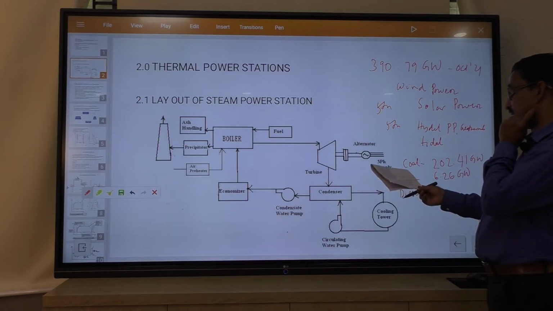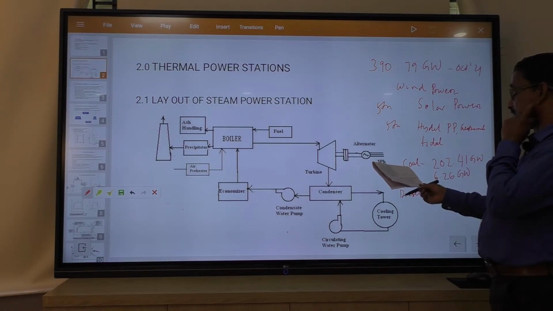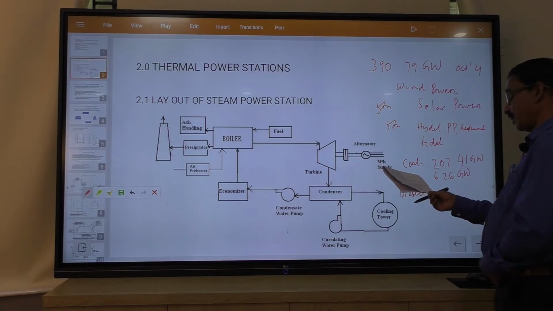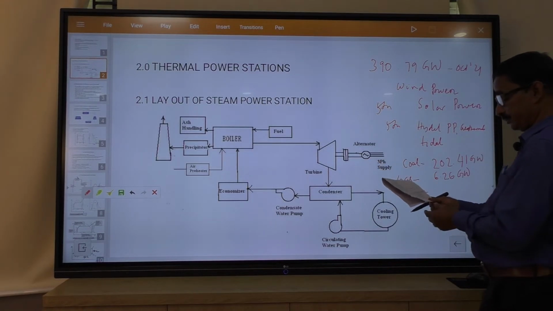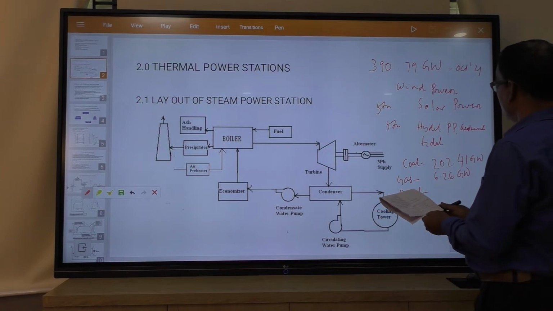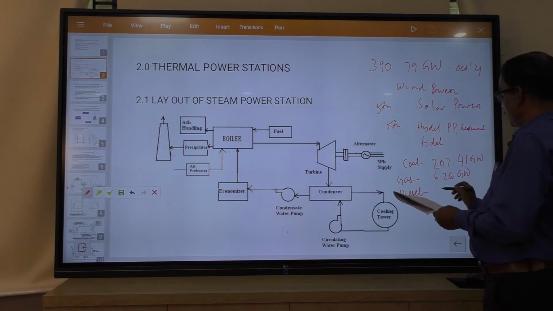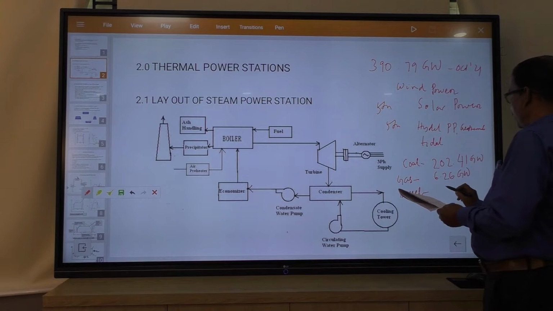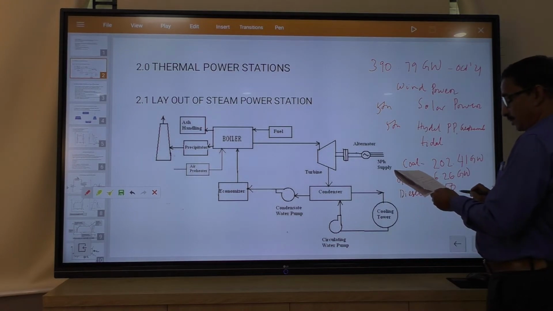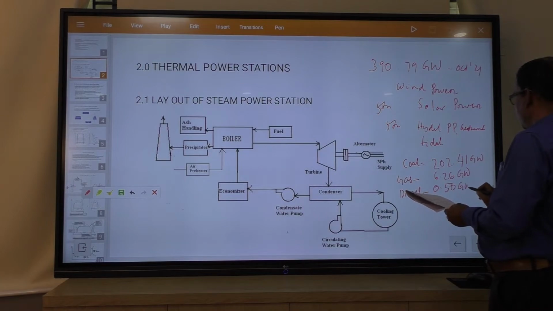It is also available in movable condition. So this is the diesel. From the diesel power plant we are getting 0.50 gigawatt.